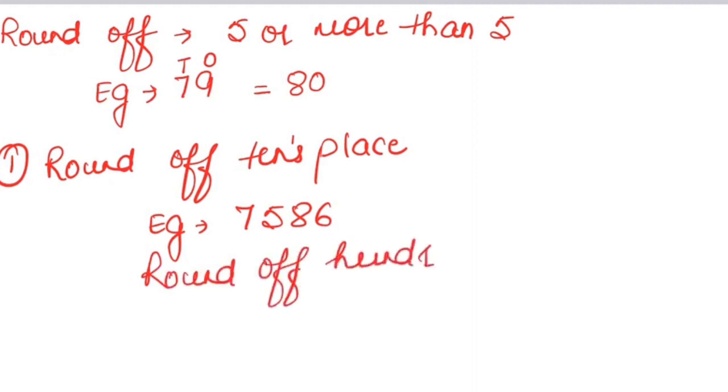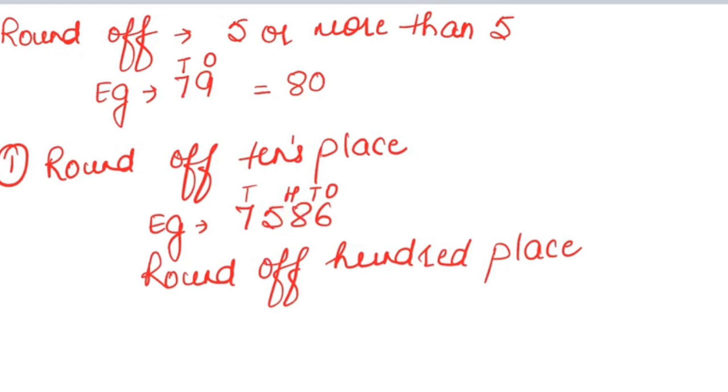What will you do? One example I give you, 7586. In that number, if the digit at tens place is less than 5, 0, 1, 2, 3, 4, replace both the digits at tens and ones place by 0 and leave the remaining digits unchanged.